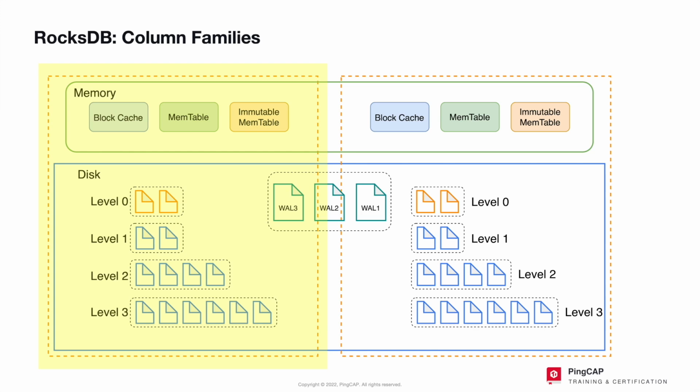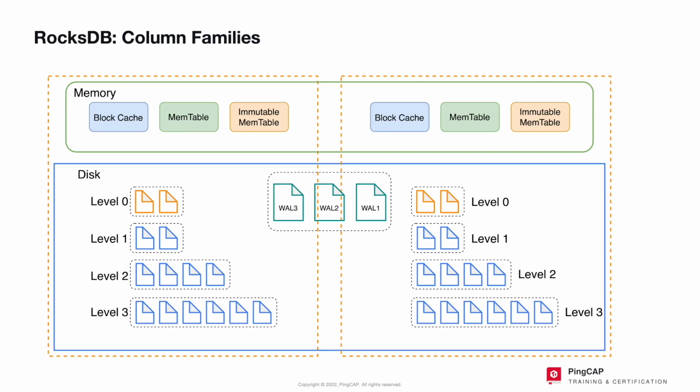Column families provide a way to logically fragment a database. Some of its features include support for cross-column atomic writing, consistent view across column families, allowing different configurations for different column families, and adding and removing column families instantly. Both operations are very fast.